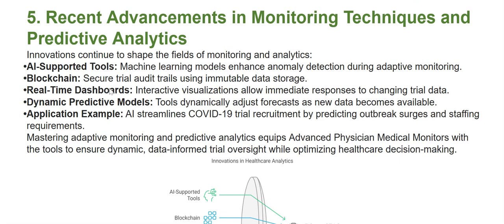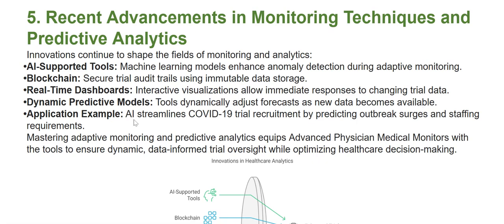Blockchain, the audit trail system, secures trial audit trails using immutable data storage. Real-time dashboards, interactive visualizations, allow immediate responses to changing trial data. Dynamic predictive models dynamically adjust forecasts as new data becomes available.